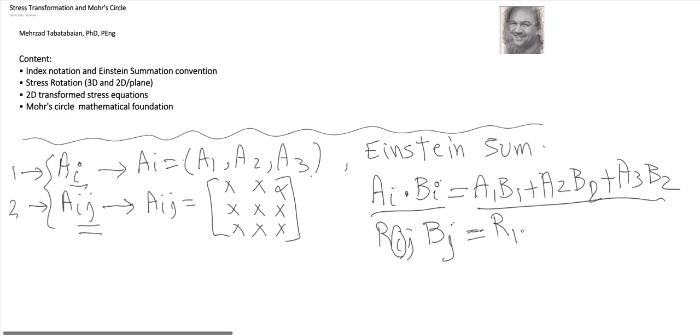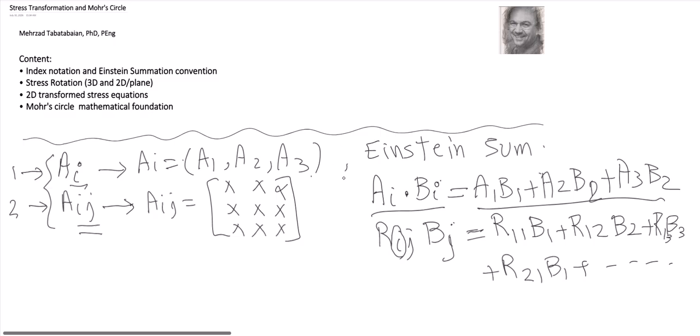So i takes 1, and then the j goes 1 to 3, and then 2, 2, 1, b1, and etc. So these two simple rules can help us a lot in writing the expressions and condensing them and so on.